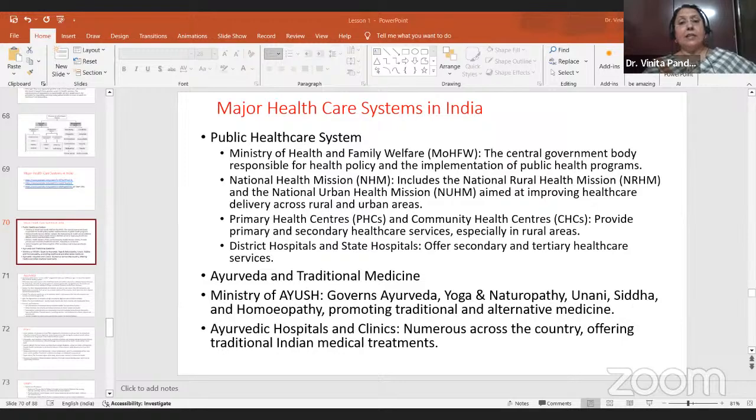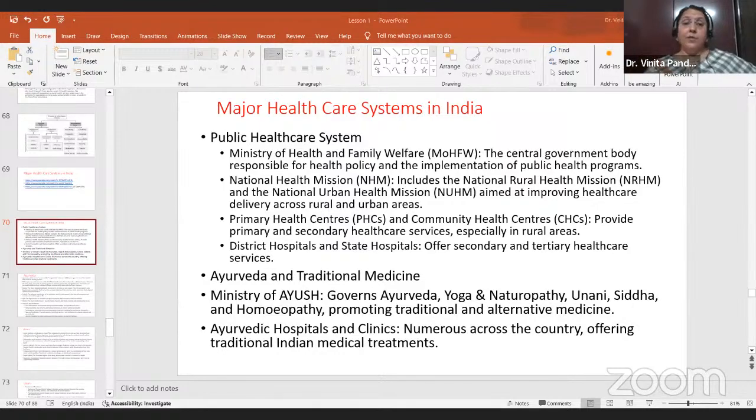In the traditional healthcare system, we have Ayurveda, Siddha, Unani, homeopathy, naturopathy, and yoga. When you talk about Ayush, you might have heard that 21st June is International Day of Yoga, which is organized by the Ayush Ministry. So the Ayush full form is Ayurveda, Siddha, Unani, homeopathy, naturopathy, and yoga.